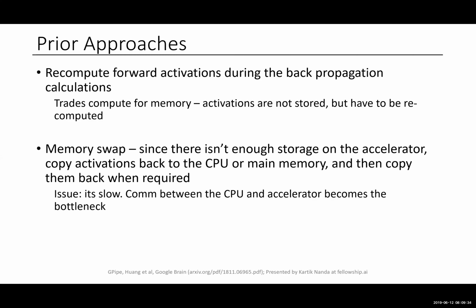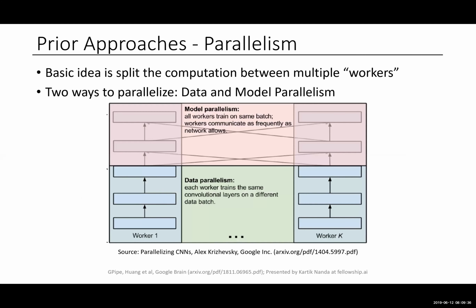So those are two. What are some of the other approaches? The main, I guess the workhorse, every time that we talk about using multiple GPUs, for example, let's say 256 GPUs to run training of a certain net, the idea is essentially parallelism.